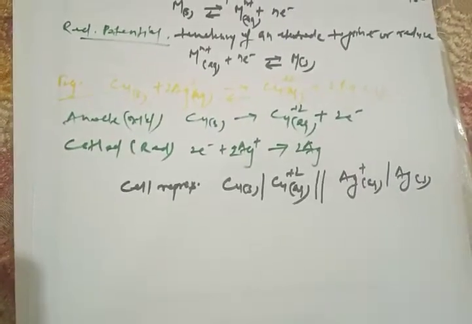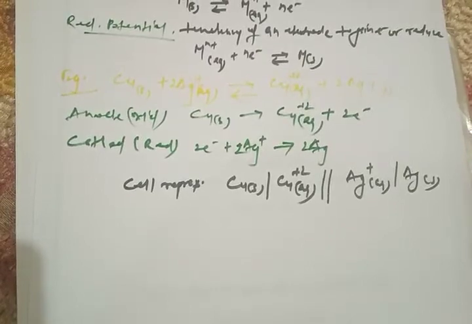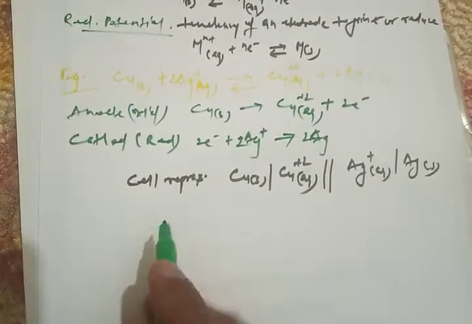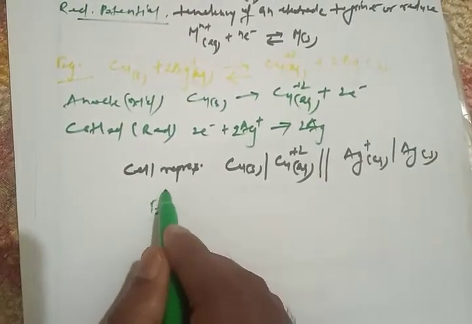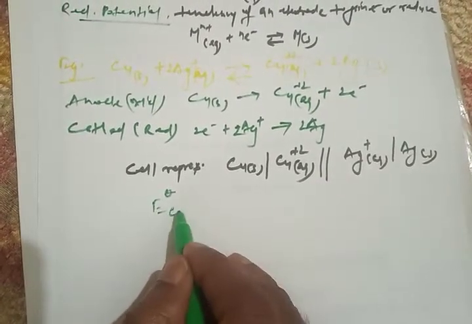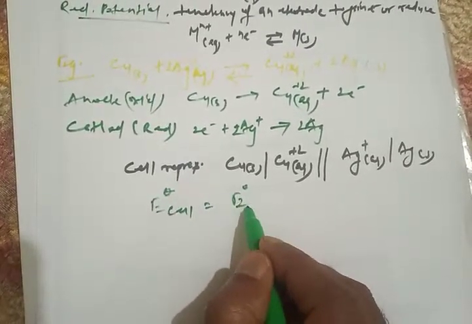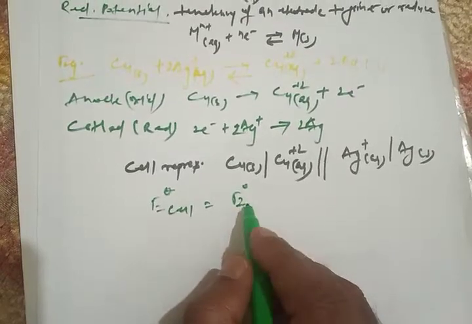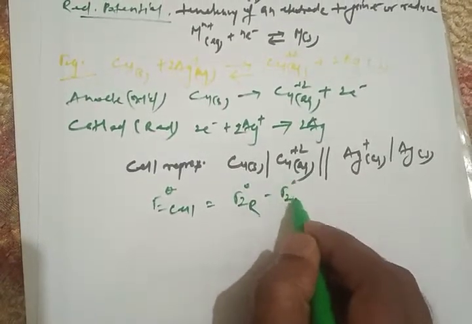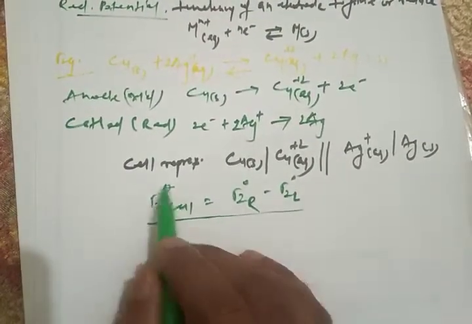So this is the representation of a cell, and on the basis of this representation we will calculate the E cell. E cell is the EMF of the cell, and if I put a note here, that means it is a standard condition. Okay, so E cell is what? E cell is the EMF at the right hand side minus the EMF at the left hand side. This is the formula for the calculation of EMF.